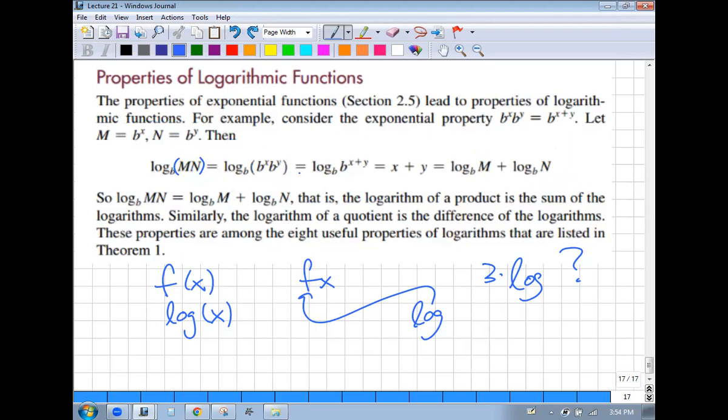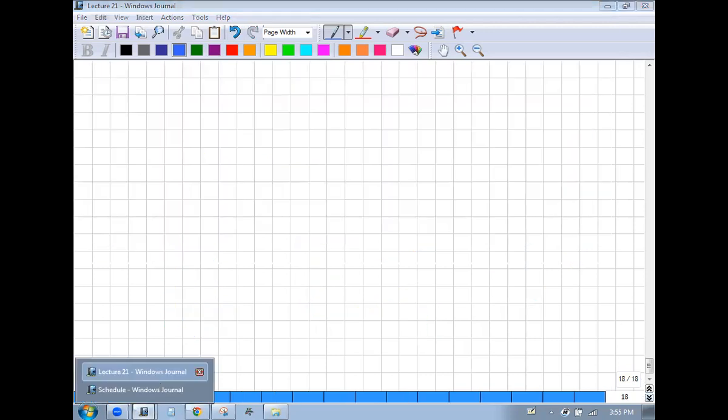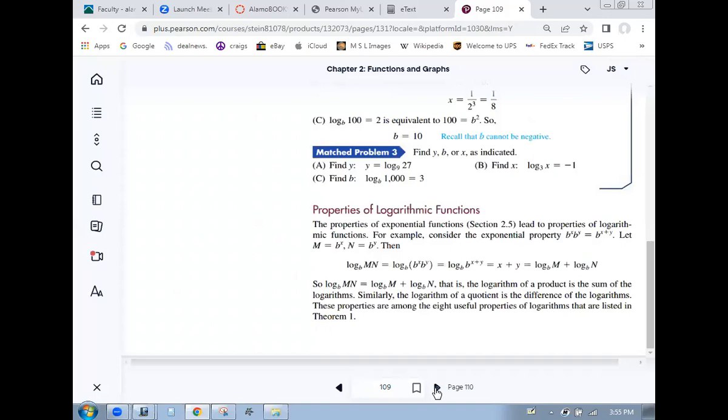And then you have b to the x plus y, and then these undo one another. You get x plus y. Well, x is log base b of m, and y is log base b of n. You don't need to understand the proof so much, but you are going to want to be able to use it. So there's the proof. So that's one property.